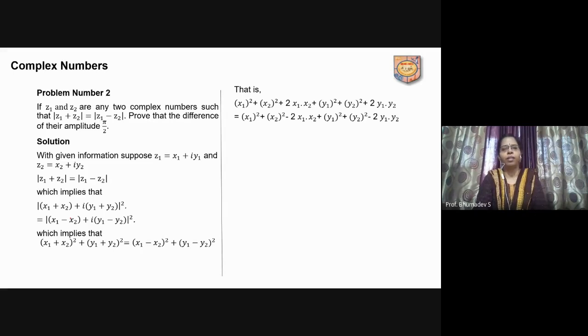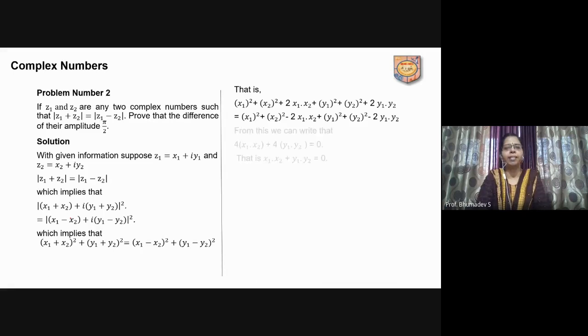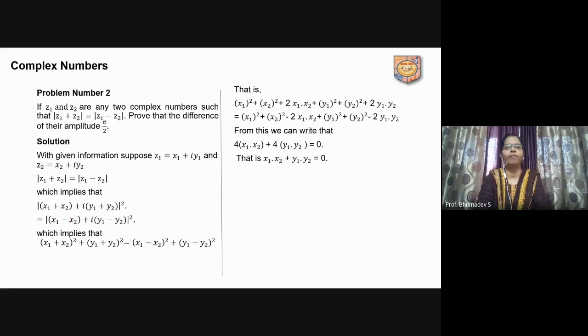Cancelling the like terms on both sides, we get the simplified form as 4 times x1 into x2 plus 4 times y1 into y2 equal to 0. By taking 4 as a common factor, we get x1 into x2 plus y1 into y2 is equal to 0.